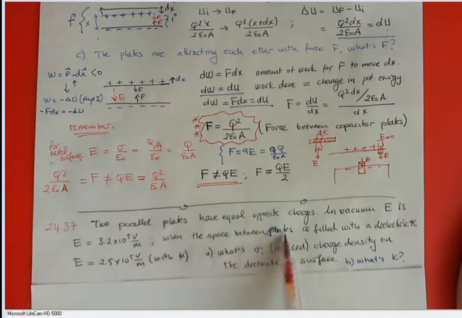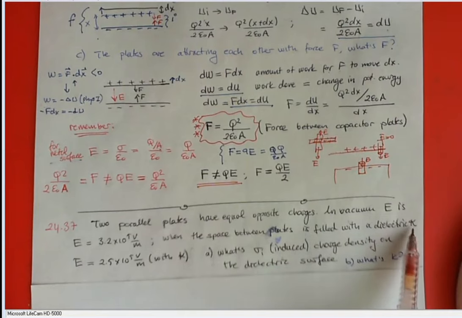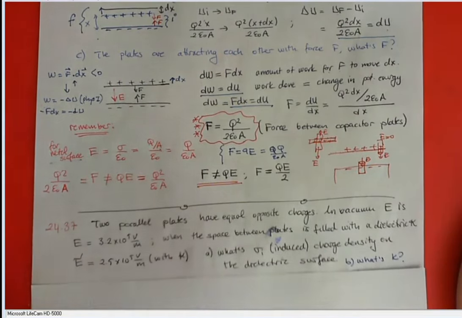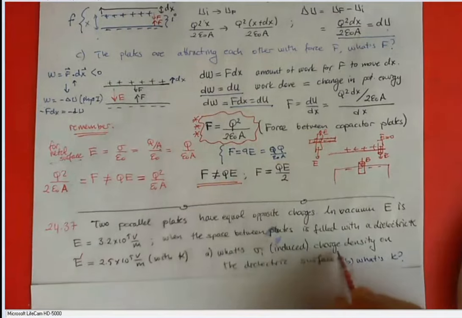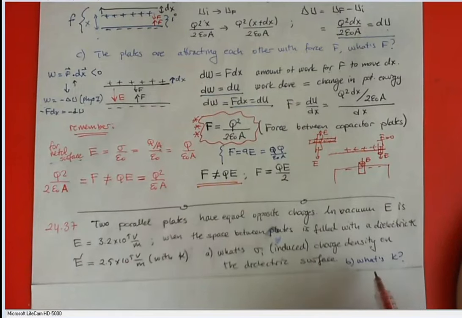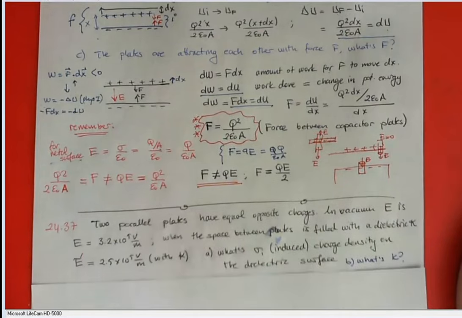When the space between the plates is filled with a dielectric kappa, the new electric field, E prime, is decreased to 2.5 times 10 to the 5 volts per meter. So what is the induced charge density on the dielectric surface? And the next question, what is the value of kappa?